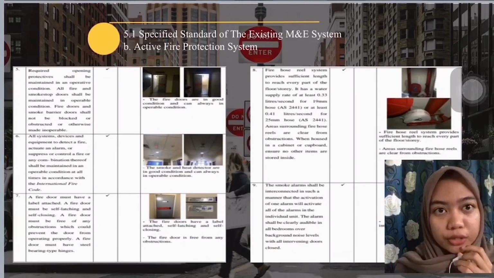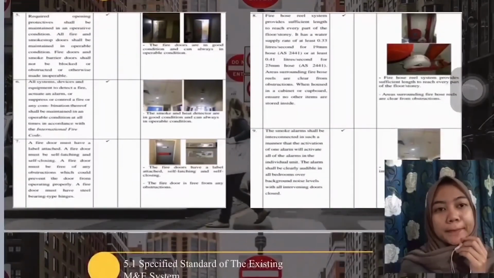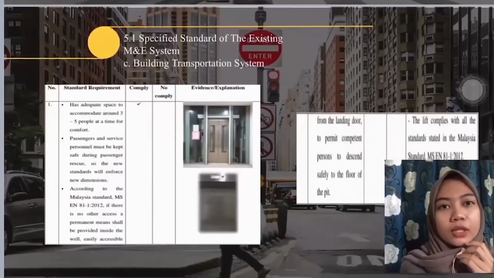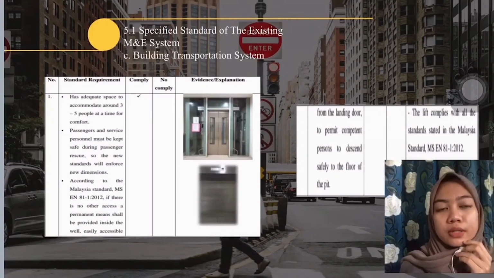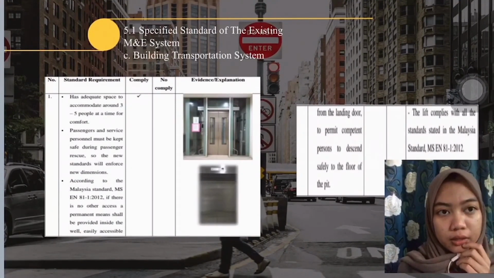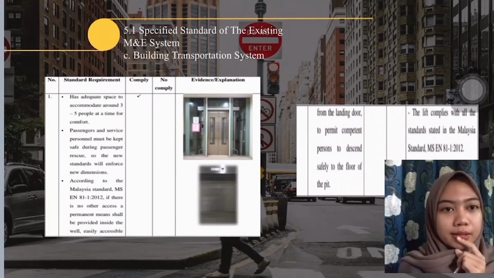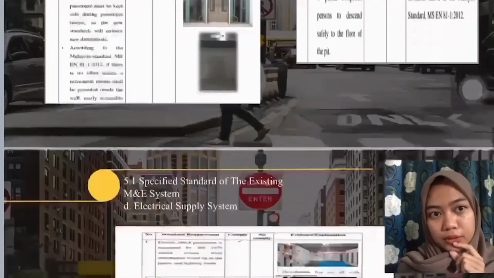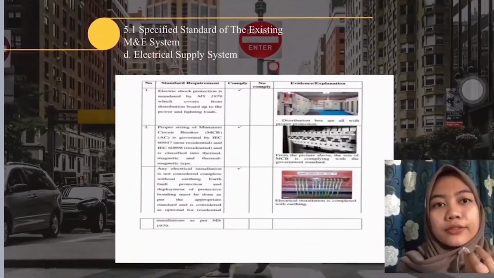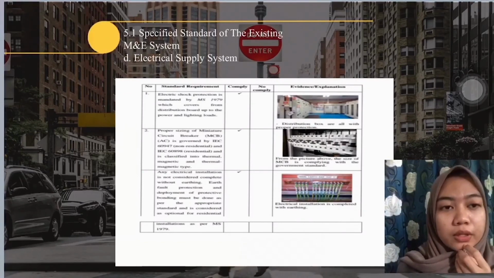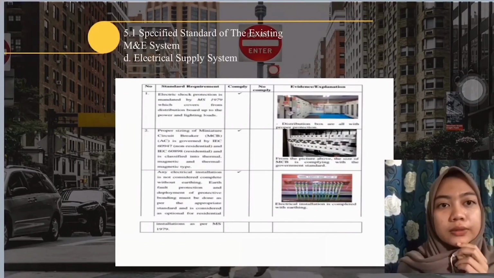Another active fire protection system. Next, for the building transportation system, we fulfill the criteria, which is 1 criteria. Next, for the electrical supply system, we fulfill the criteria also.